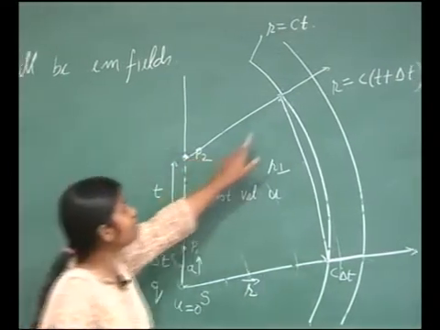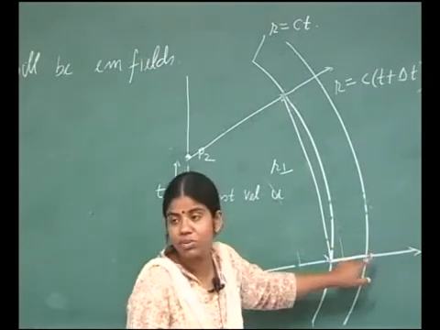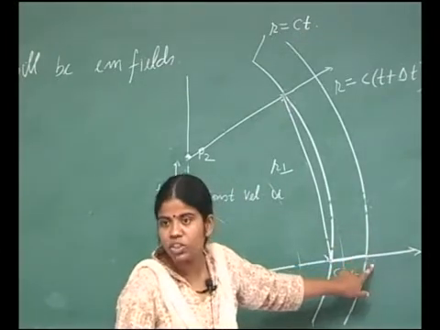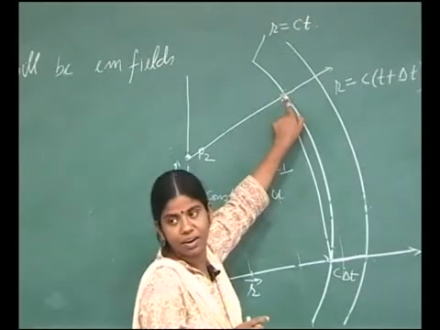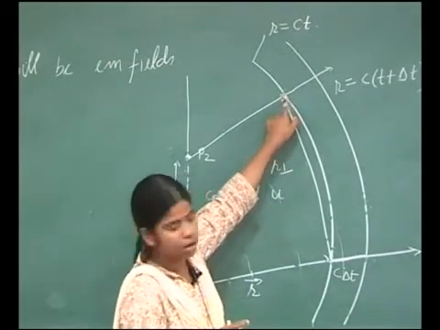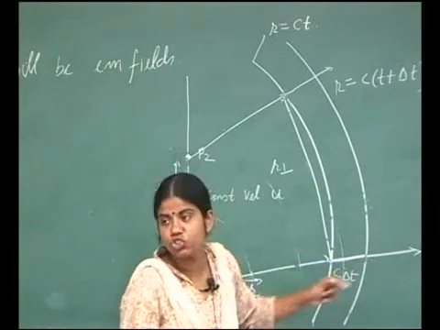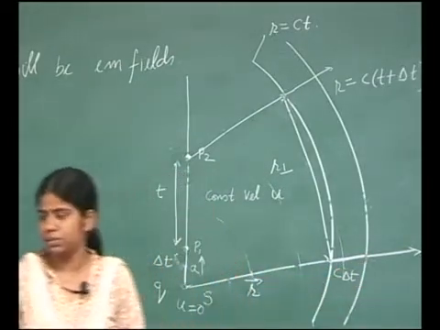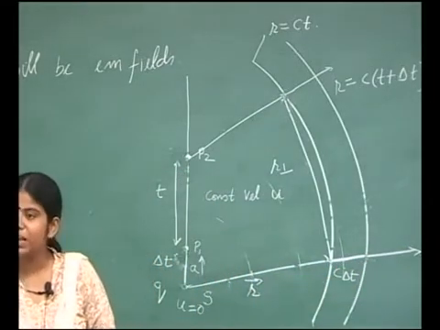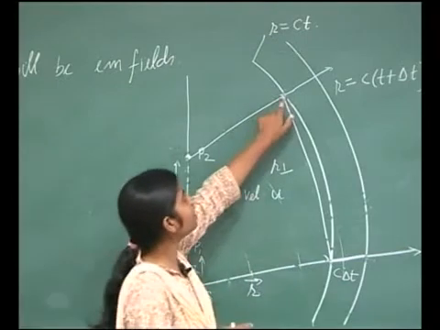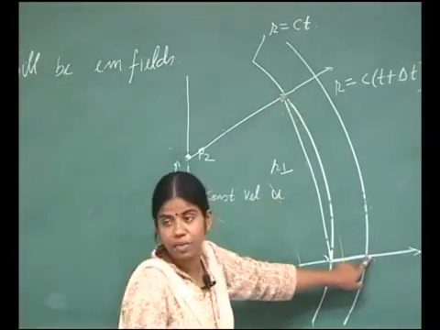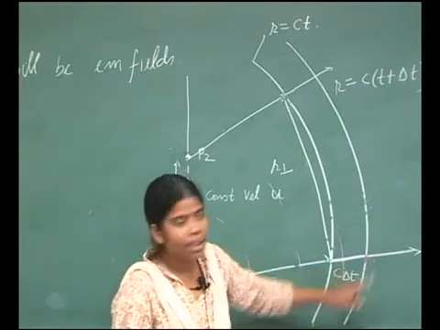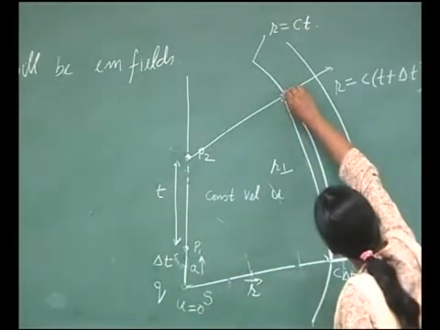So, the electric field coming out of the second sphere and the electric field coming out of the first sphere should be connected, and that connection is only like this.